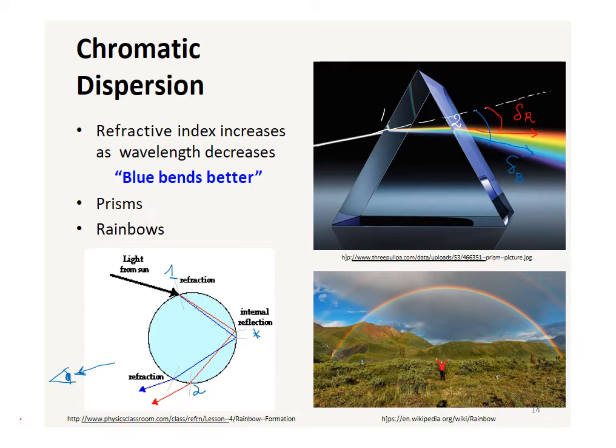So that's the blue light that arrives at your eye, whereas the red light is bent at a slightly lesser angle. So it's actually traveling like that. You can see I've just moved these rays up to here, but I've put their points coincident at the entrance to your eye. And so, as you can imagine, you would see red at the top of the rainbow and you would see blue at the bottom of the rainbow, which is in fact exactly what we see.